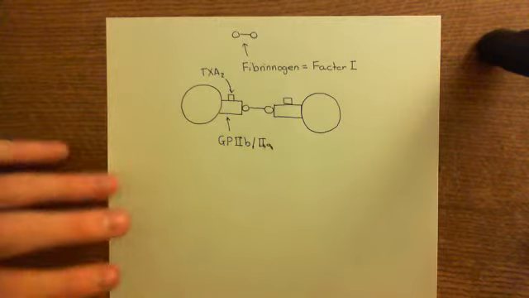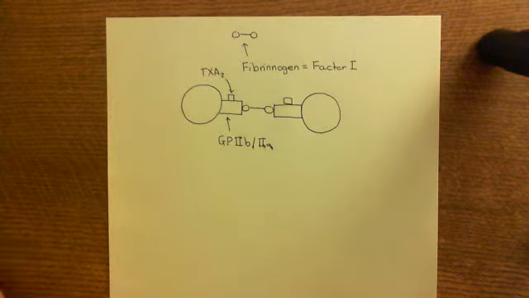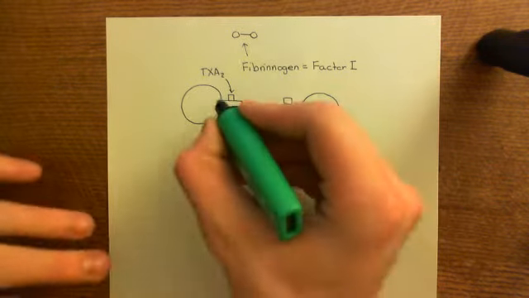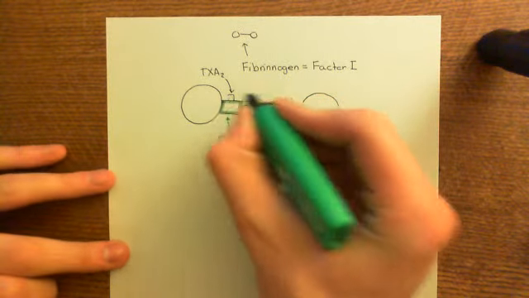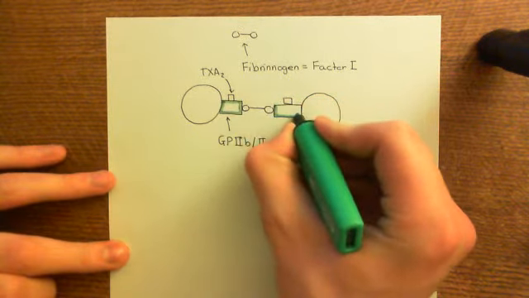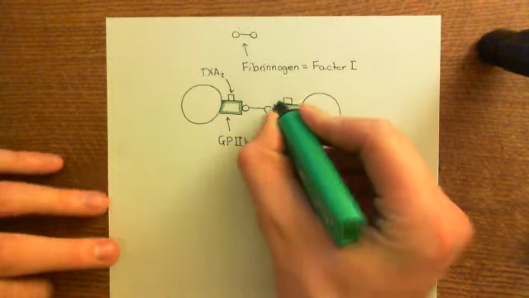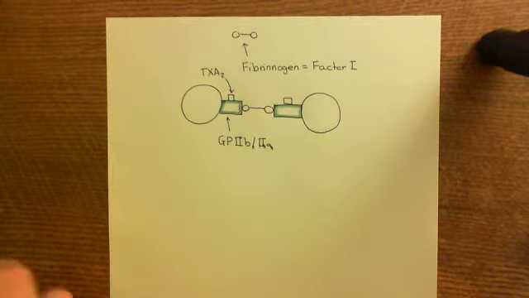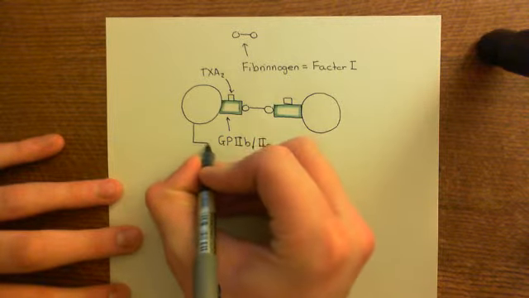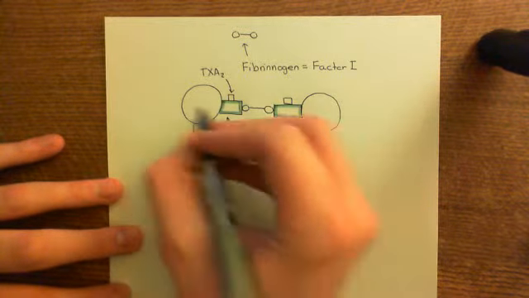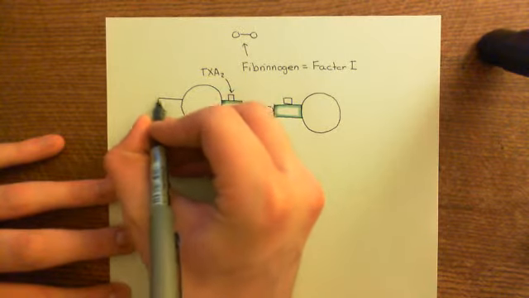Do you think that each platelet just has one single glycoprotein 2b/2a protein on its surface? Well, of course, the answer is no. These platelets will have many glycoprotein 2b/2a proteins on their surface. To get the point across, I think drawing 4 of them is enough.